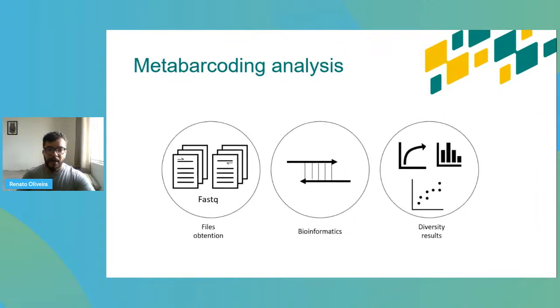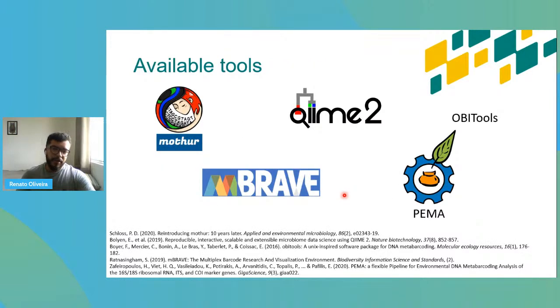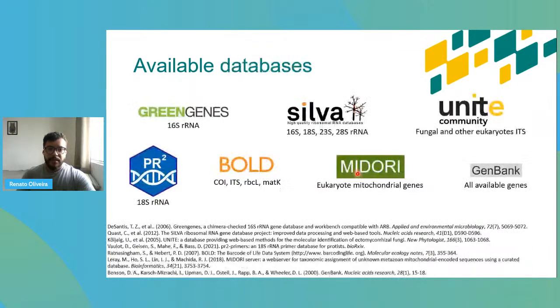In this presentation, I will focus on these 3 last steps. Of course, there are a lot of available tools that can perform metabarcoding analysis. You might know some of them. In the same way, we have a lot of available reference databases. Each one is specialized in one or more single marker genes.